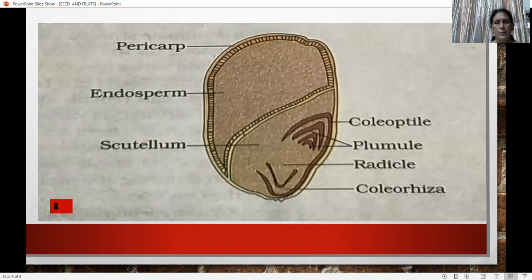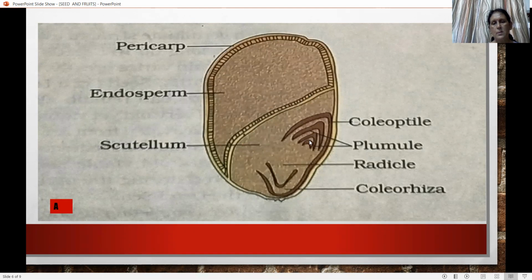Here is the diagram of a monocot seed. It is a wheat seed. Here we see the greater portion is covered by endosperm. Beside that, the fruit wall is present, called pericarp, and the scutellum, a single cotyledon, is present. It is always terminal in position, and on the lateral side, the embryonal axis is found.